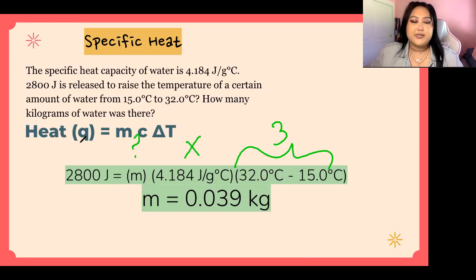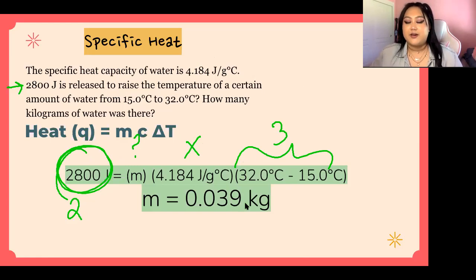We don't know what this one is, but the given for this one, how many sig figs is that? Only 2, right? It's only 2 because there's no decimal spot here. So that's why we would cut the answer to only 0.039. Okay, cool.